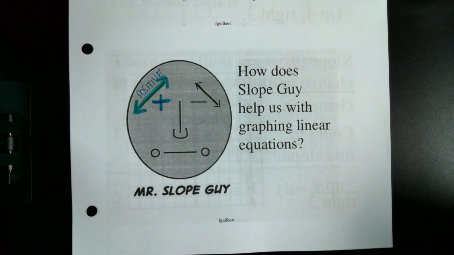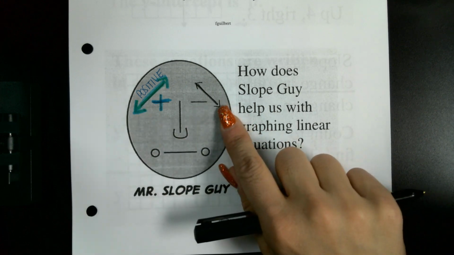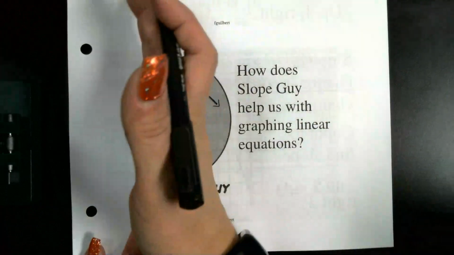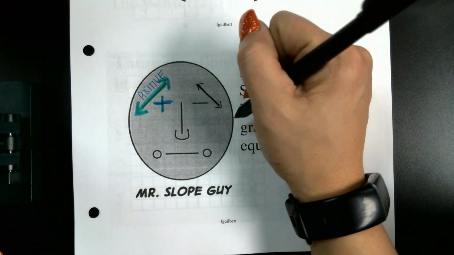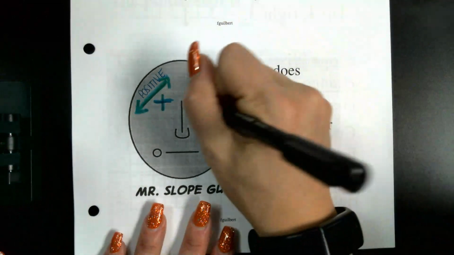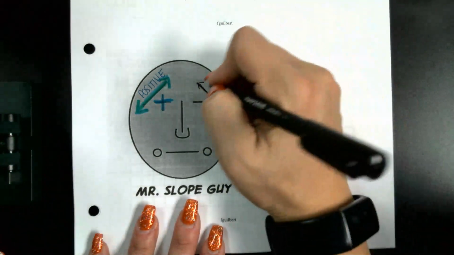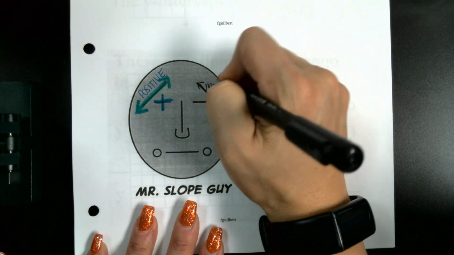Okay, so you always want to look at your lines from the left side to the right side when I'm talking about uphill, downhill, because some people look at this and they're like, well, this one's going uphill. Well, it is if you're going right to left, but we're talking about left to right, okay? So if you have one slanting downhill, it is going to have a negative slope. So that is your negative.